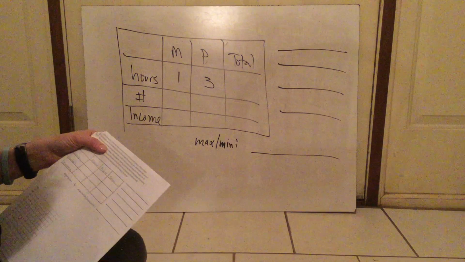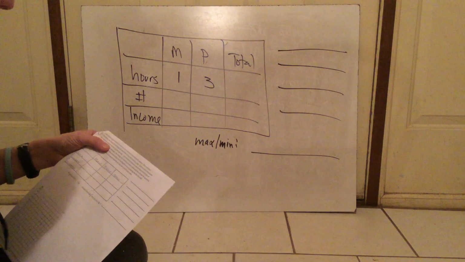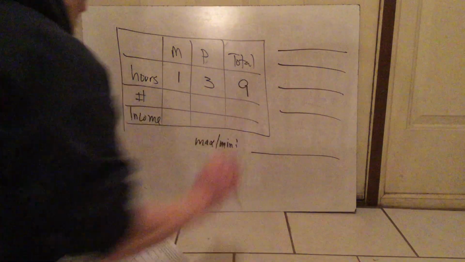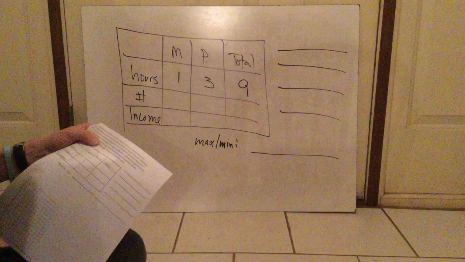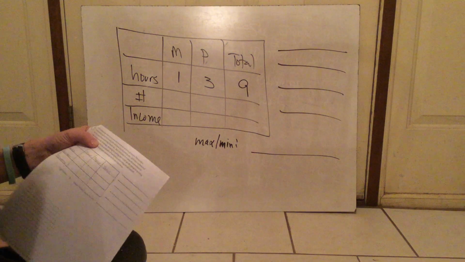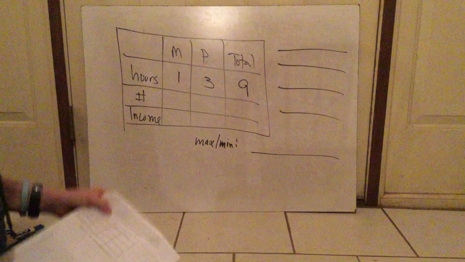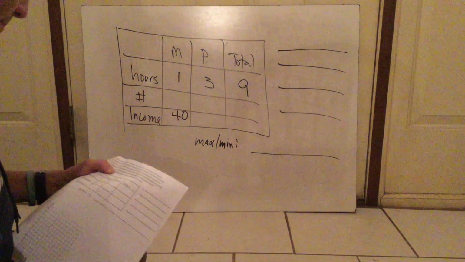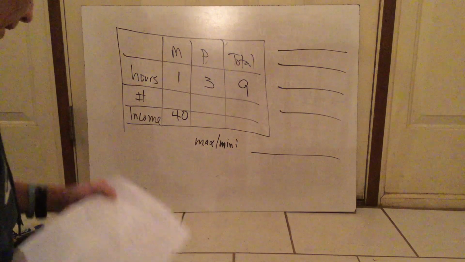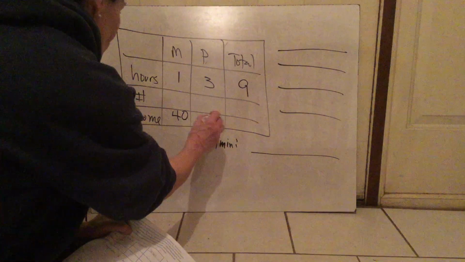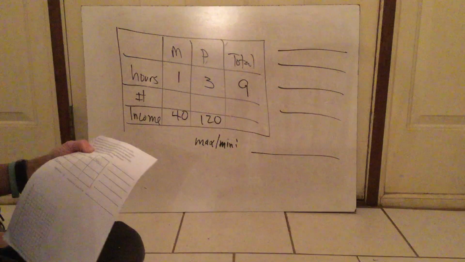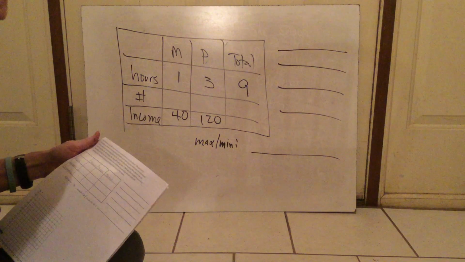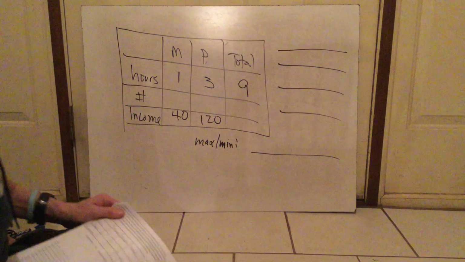Okay, we're going to have to come back to that. Each crew schedule is set up for a maximum of 9 hours per day. So the total is 9 hours per day. On average, the charge for mowing lawns is $40. So I get $40 when I mow, and I get $120 when I prune. Find a combination of mowing lawns and pruning shrubs that will maximize the income.